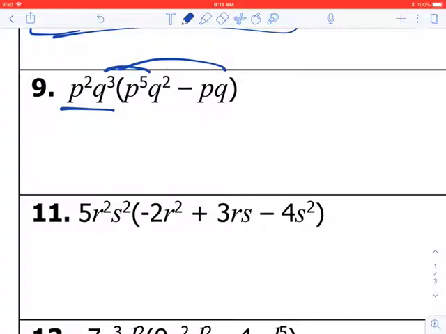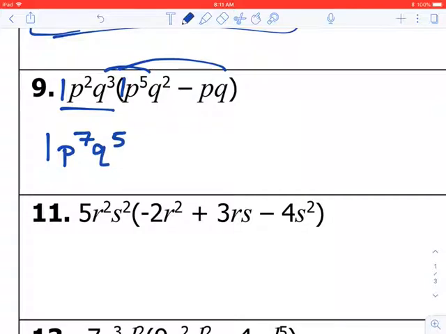So this is still a 1, so it's still 1 in front. And then P to the 2 plus 5 is 7, so P to the 7th. And then Q to the 3 plus 2 is 5, so Q to the 5th. That's the first one.